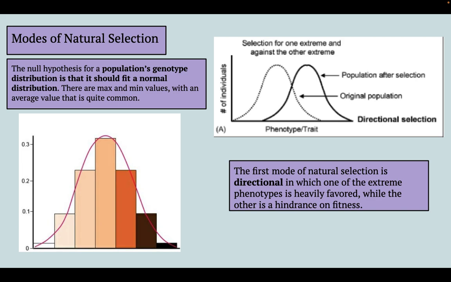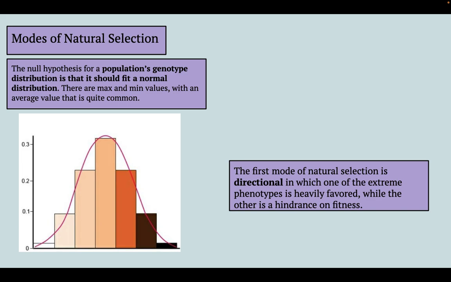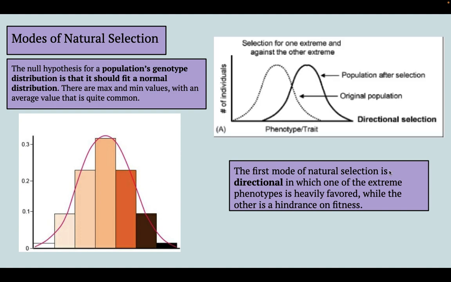Now, there's three types of ways in which natural selection, fitness over time, changes this distribution. The first is what we call directional. Directional selection is where you basically take the bell curve and you shift it to one extreme or the other.